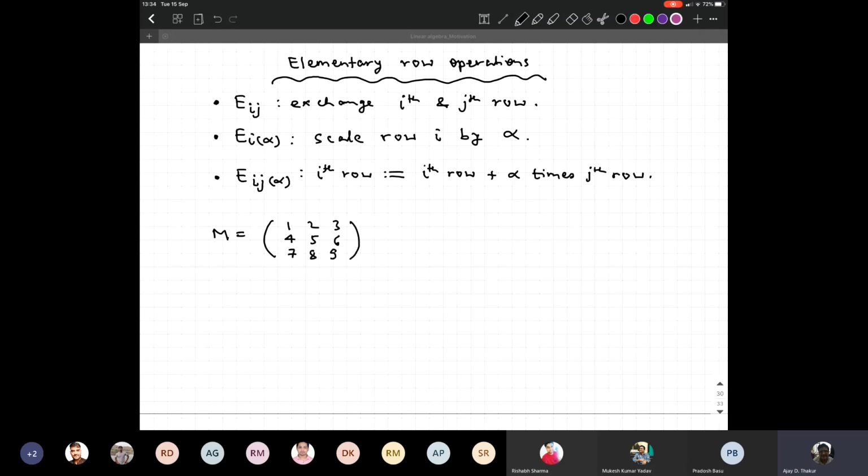And when we are doing this operation, say E1 2 minus 1, the task of this operation essentially involves row 1 becoming row 1 plus minus 1 times row 2.